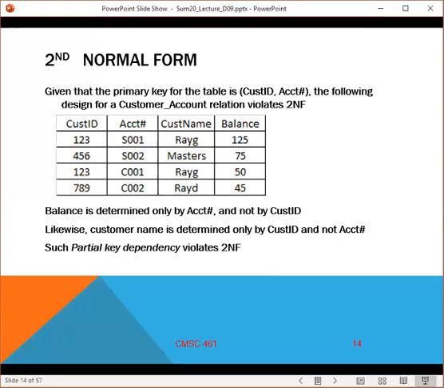So when we look at it, we see that balance is determined by account number alone and not by customer ID. And likewise, customer name is determined only by customer ID and not account number. Such a partial key dependency violates second normal form.